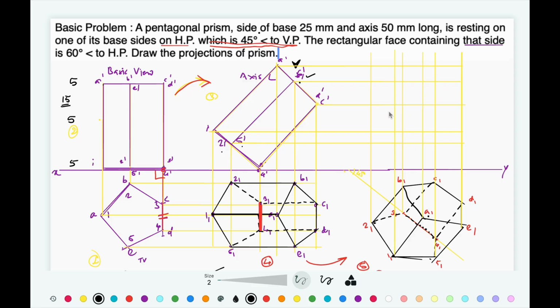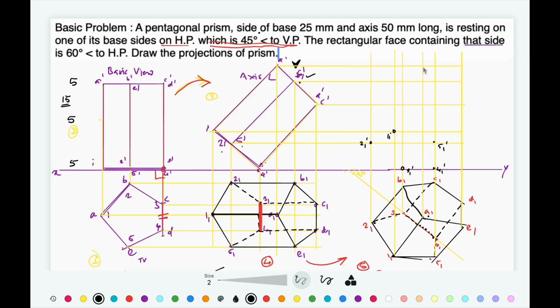This is 1 from here, 1 from here, so this is going to be 1 1 dash, this is going to be 2 1 dash, this is going to be 3 1 dash, 4 1 dash, and 5 1 dash.